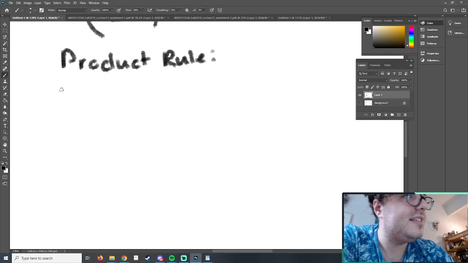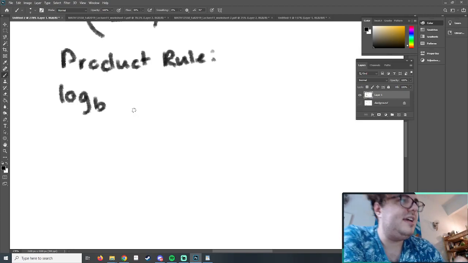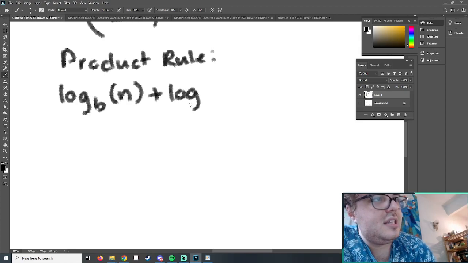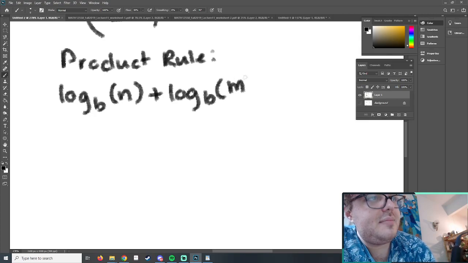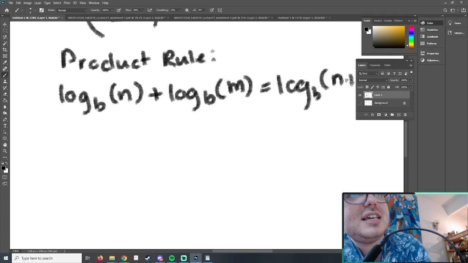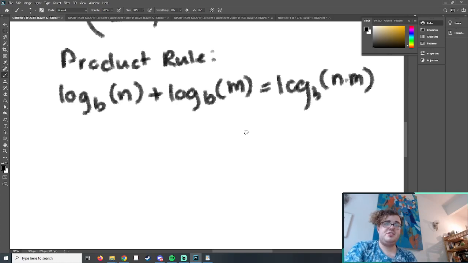The product rule says log base b of n plus log base b of m equals log base b of the product of n and m, n times m. And this works in both directions, right? So if I have, for example, log base 10 of 2 times 3, I can calculate separately what log base 10 of 2 and log base 10 of 3 are and add them together.